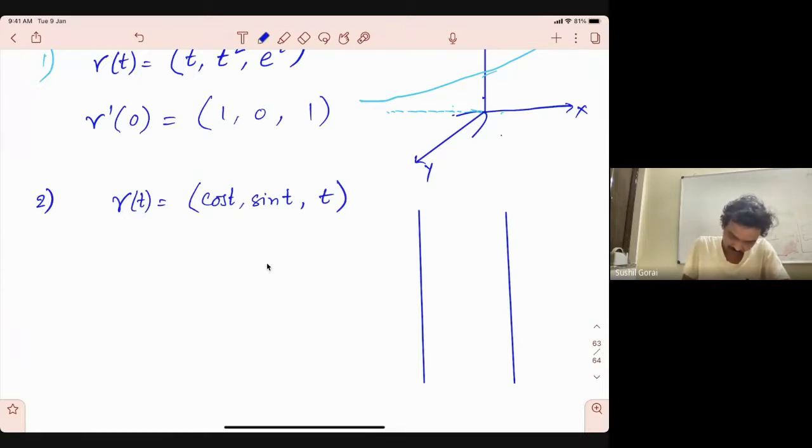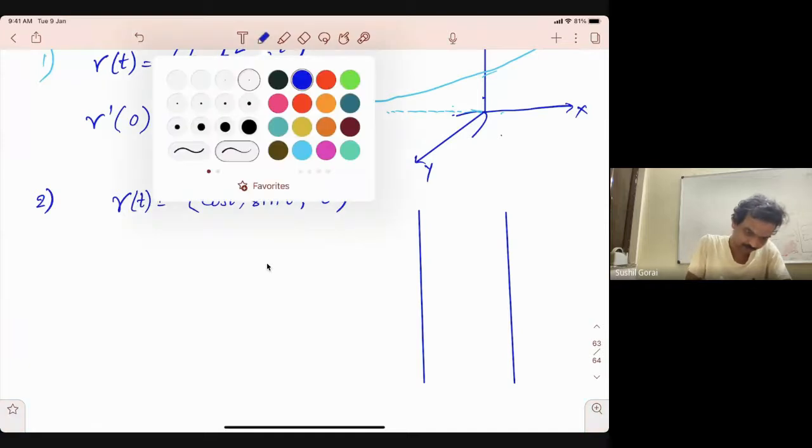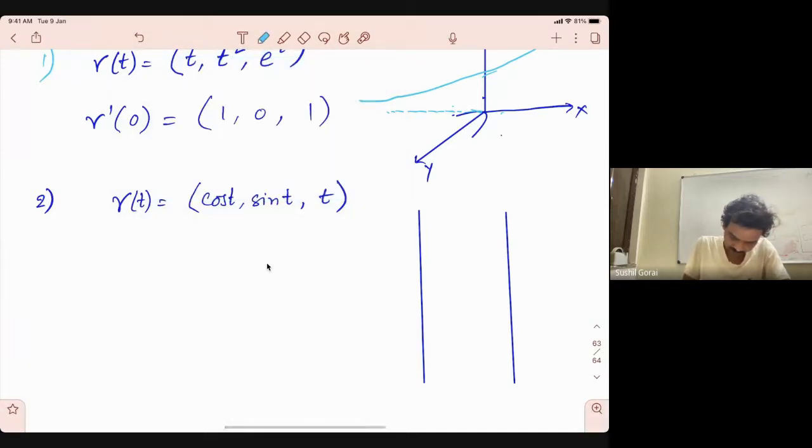So if we look at the following, this is the x-axis, this is the y-axis, and this is the z-axis.